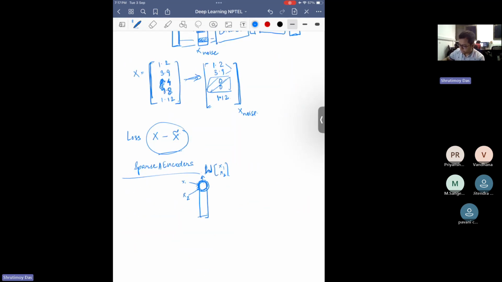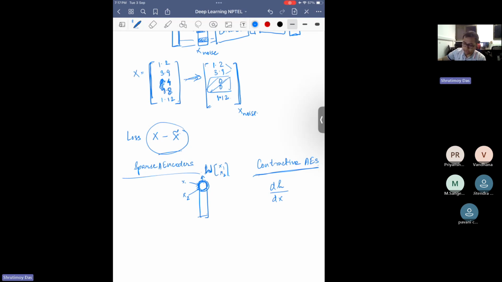And another one was the contractive autoencoder. So those are basically saying that the Jacobian is the rate of change of the activation given some input, and they want this to be small, right?